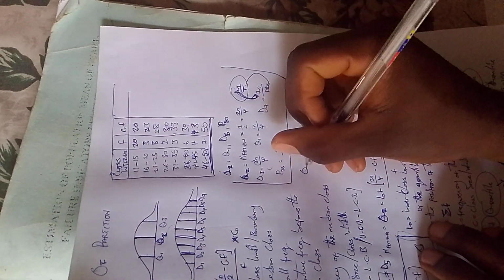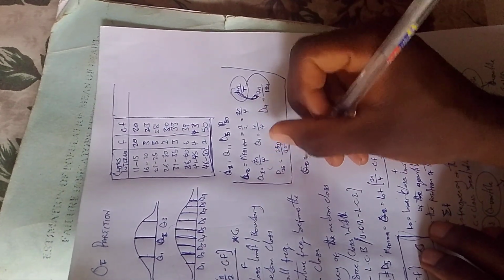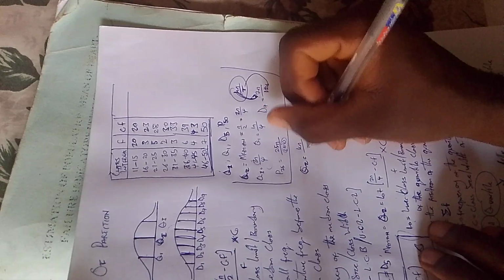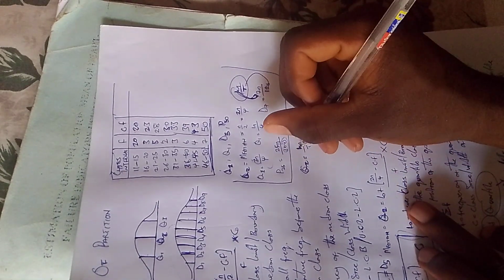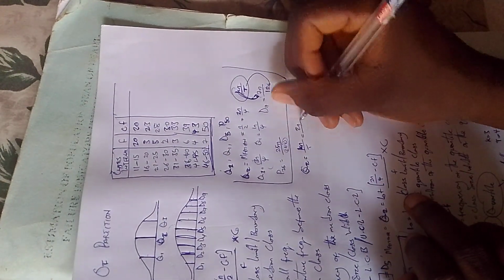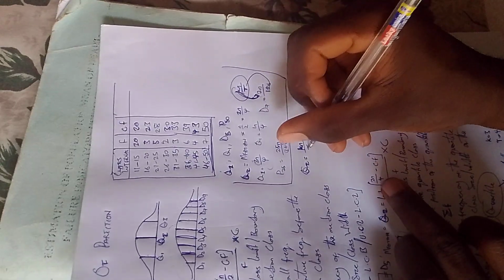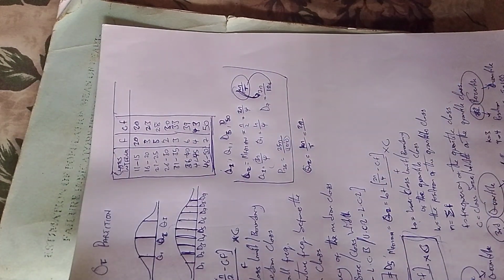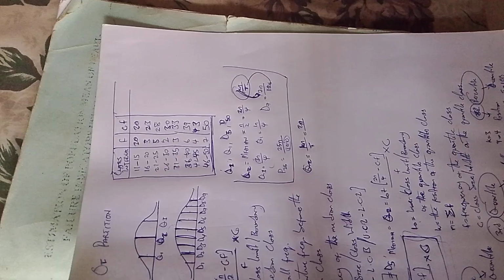Now let me come back to my question. Let's forget about this. So the first question here is to calculate Q2. Remember the general formula is Kn over T. In this case, your K is representing the position, right? That's the second quartile, so your position will be 2. 2n over your T, which is the type of quantile you are talking about.